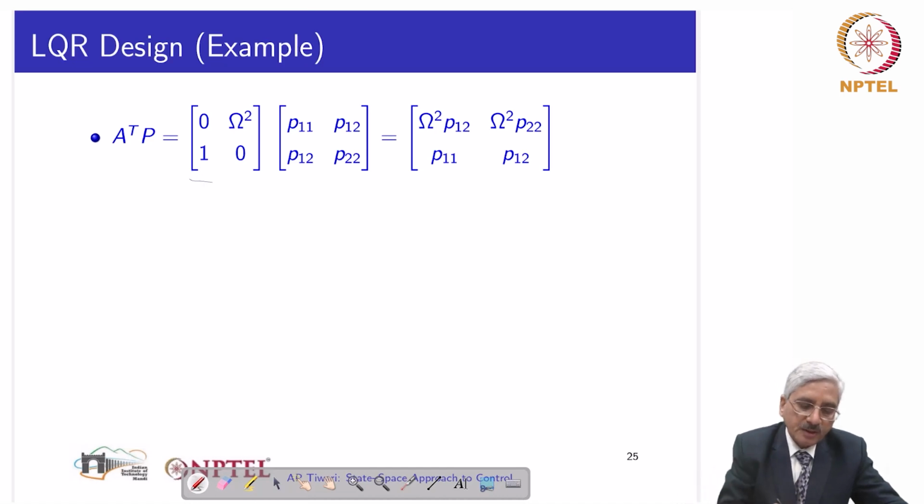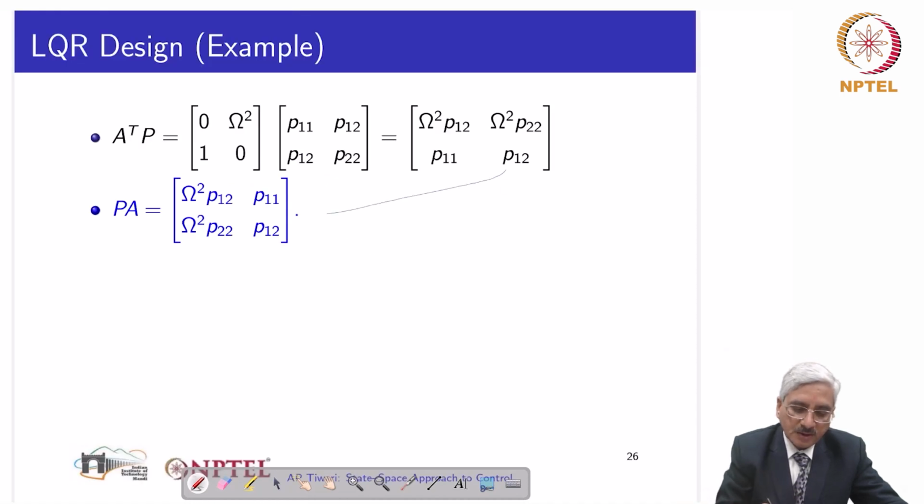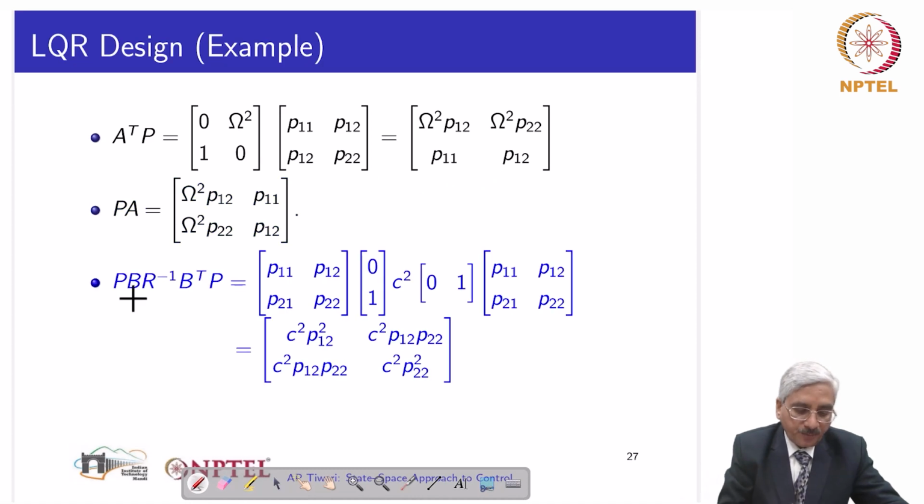So A transpose P will be this, and PA will be the transpose of this, which is this, and P B R inverse B transpose P, this is P. Of course this has to be written as P12, I'm sorry for the typographical error, this also is P12.